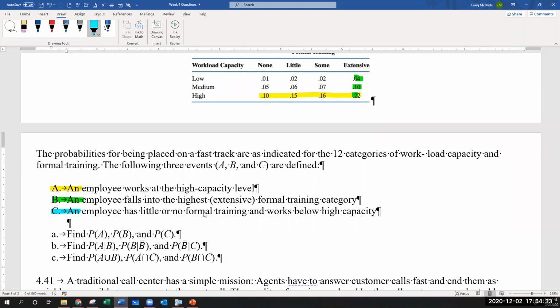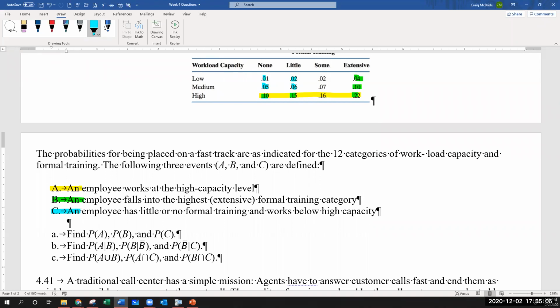Employee has little or no formal training. So little or no formal training are my blue things. Okay, so now I come down here and I'm trying to find not B given C. Given C means we're only looking at the blue stuff. But they work below the high level.